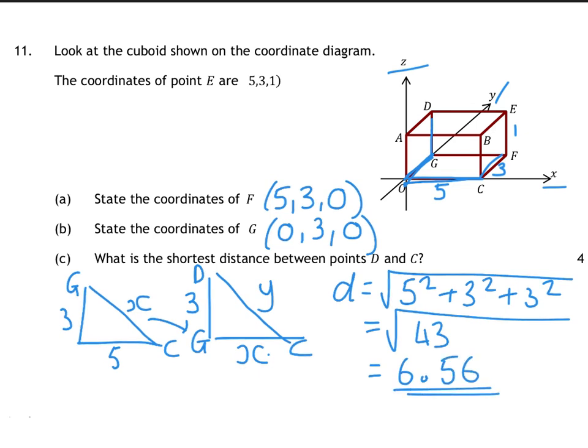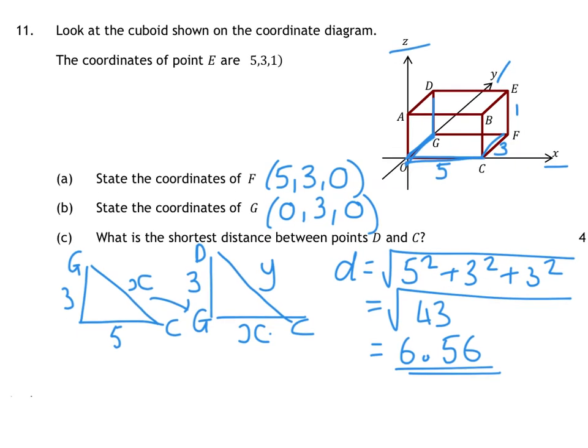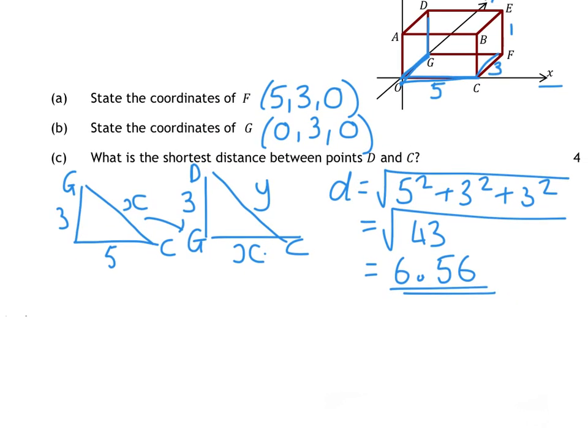I'm just going to prove to you that it works the other way as well, actually. So using the other method, you would say, right, x squared is 3 squared plus 5 squared, which is the square root of 34. And you leave it like that.